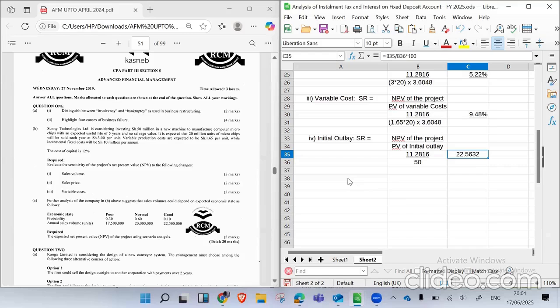Hope that is okay. Now, when you look at part C, they want us to use scenario analysis. So write something on scenario analysis before you answer this question. Scenario analysis, number 3.